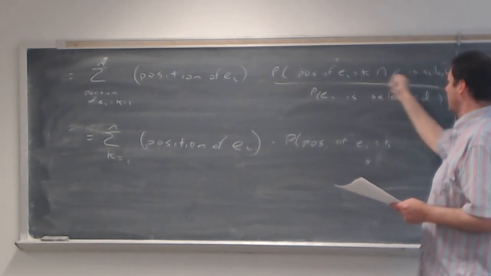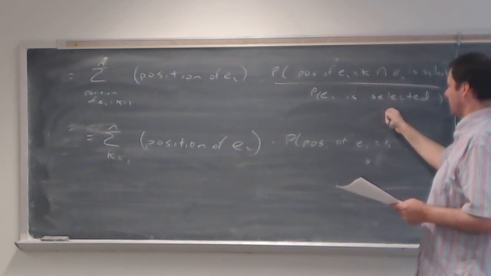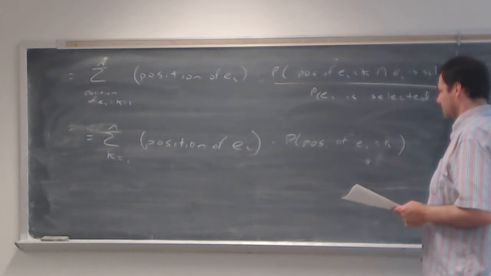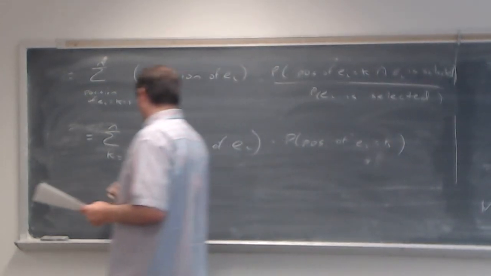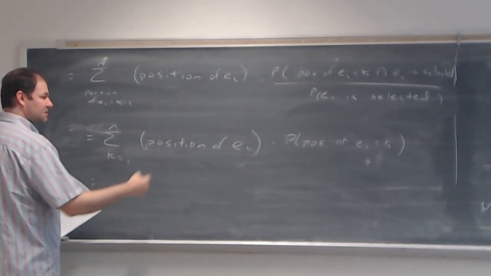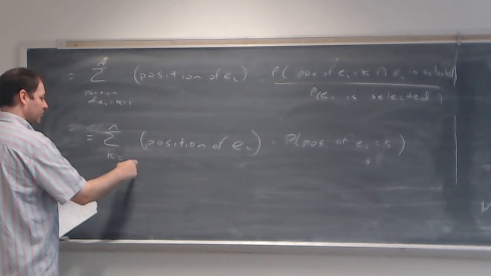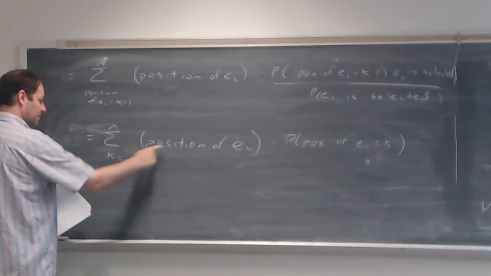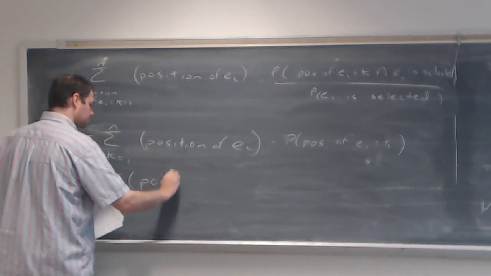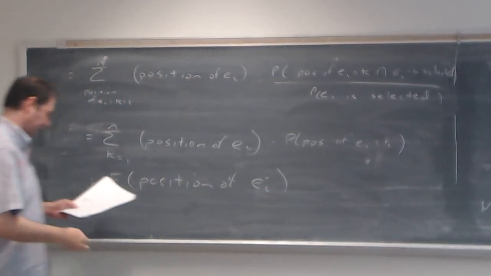So this will be a product, the probability of this guy and the probability of this guy, which will cancel out with the probability E_I is selected. And so this is K times the probability that the position of E_I is equal to K. So that's nothing more than the expected value of the position of E_I. That's what we have.